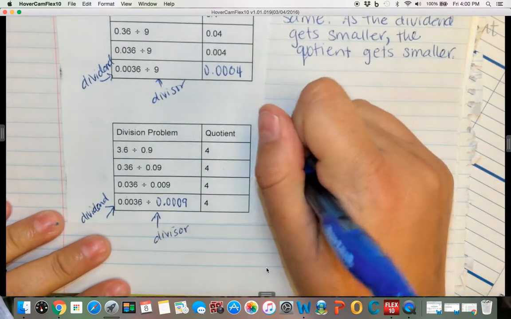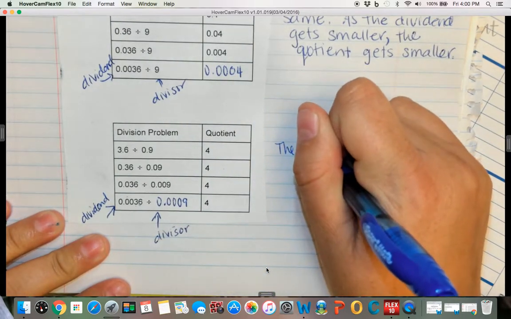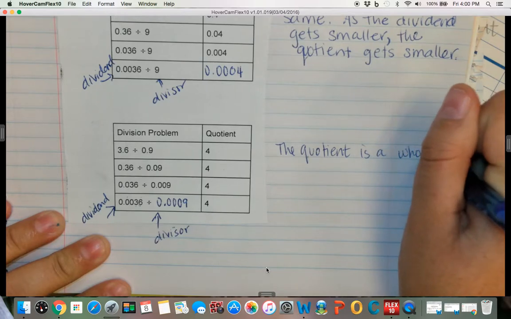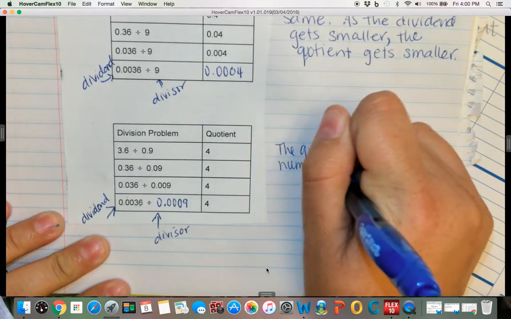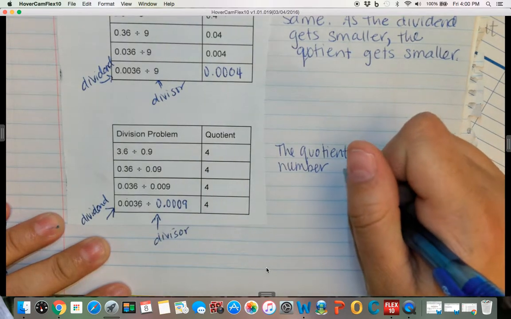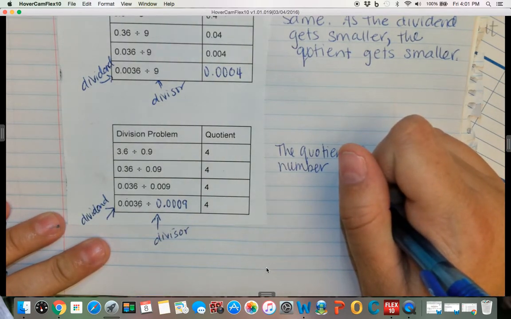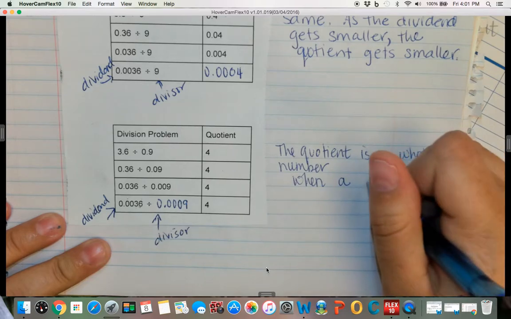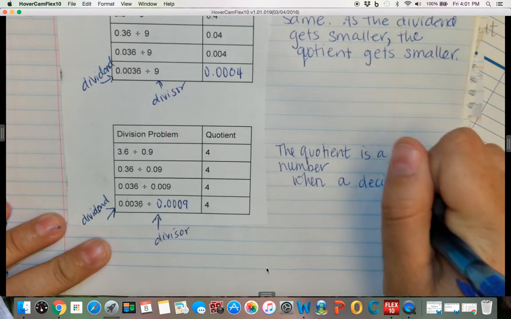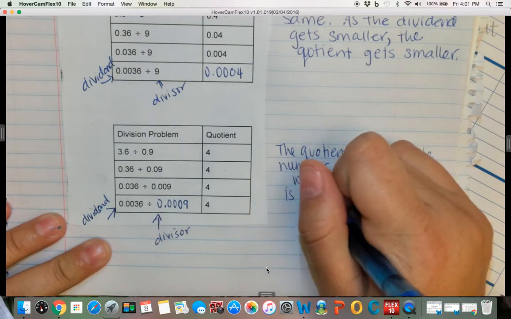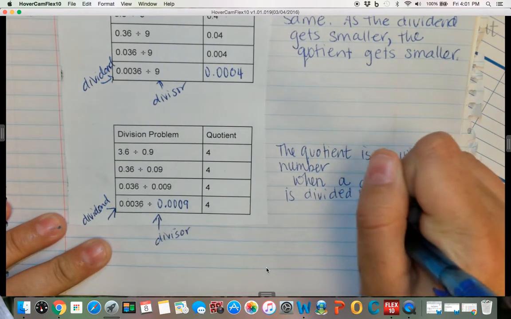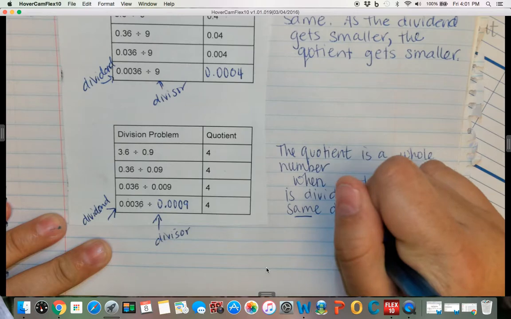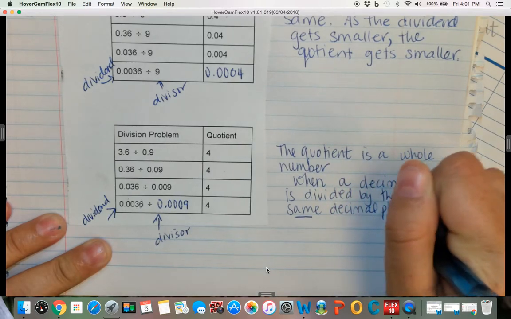So here we're going to say the quotient is a whole number when a decimal is divided by the same decimal place.